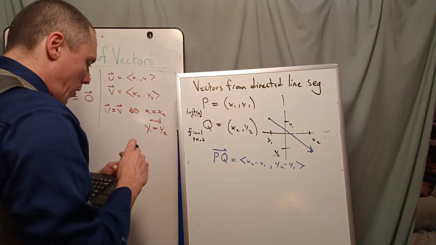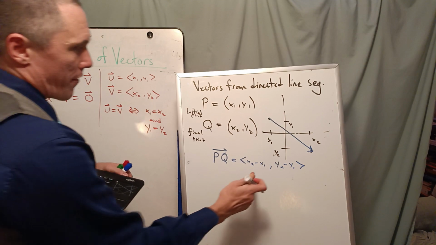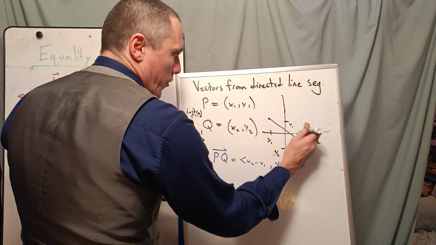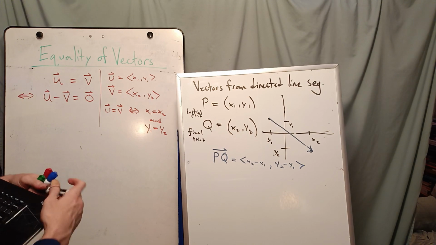So let's do a small exercise to see at least that this follows from the definition of how we create a vector, how we create this arrow by a difference here.